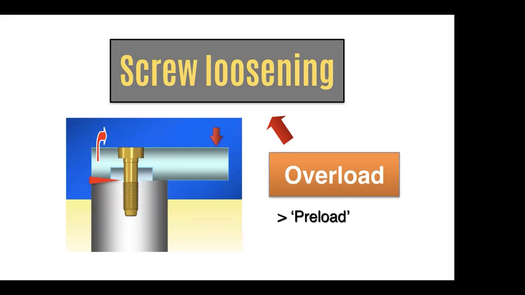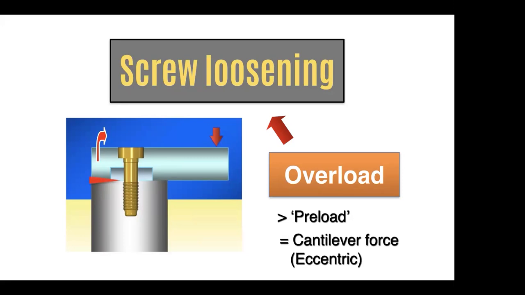These overloads on one end, as you can see with this red arrow, create cantilever force on the other end, trying to lift up the other end and create a tiny gap. And at the interface, it's blinking now.